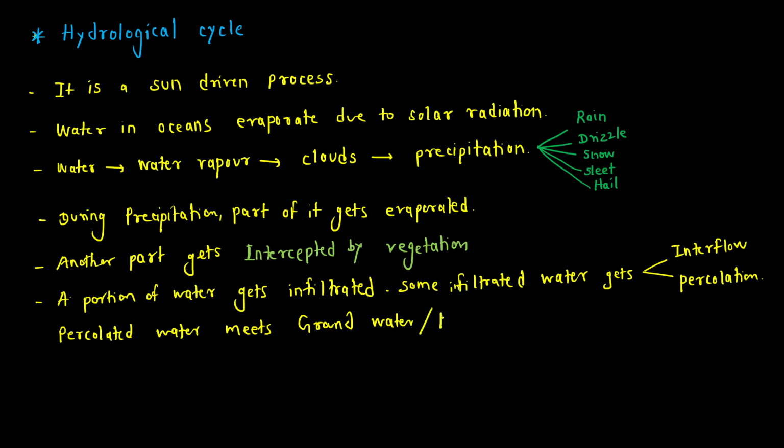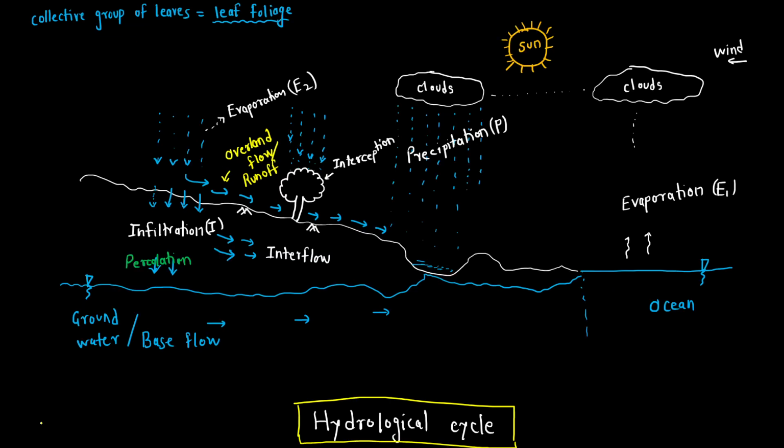This groundwater flow is also called base flow. So pay attention to these new words. These are new things which are going to be repeated many times in further lectures. So base flow will be used many times, so don't get confused. What is base flow? Base flow is nothing but the flow of groundwater only.